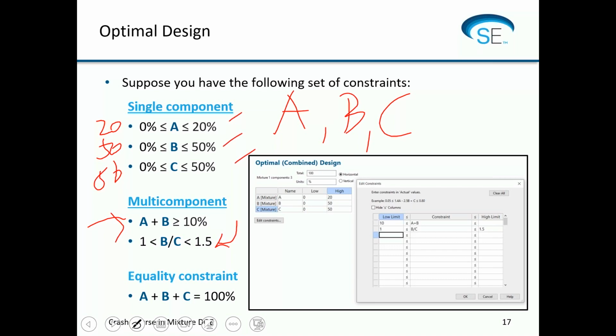So in other words, I can't have 100 times more B in the mixture than I have C. B and C need to be roughly in the same proportion, or I could have maybe a little more B, 50% more B than C in my mixture here. So I can't have a situation where C is at 50% and B is at 1%, because that would be a ratio of 50. My ratio at most can be 1.5. And finally, I have an equality constraint, which is A plus B plus C equals 100% here.